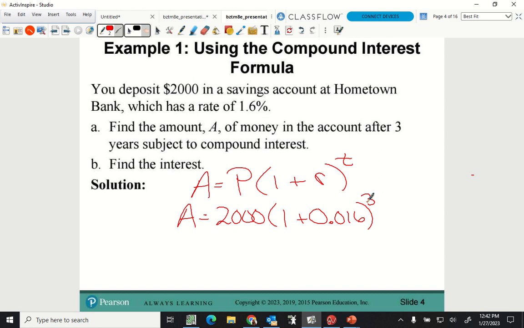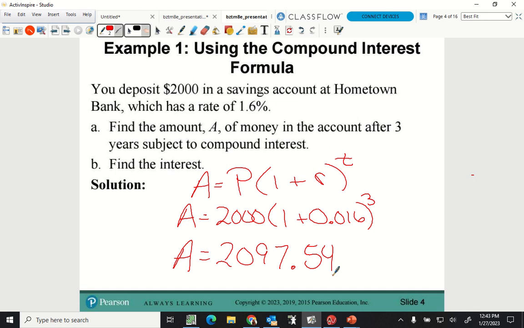Okay, all right, so A is 2097.54, right? Not bad. So from here, for part B, find the interest.